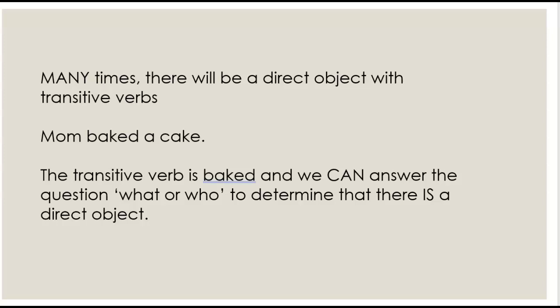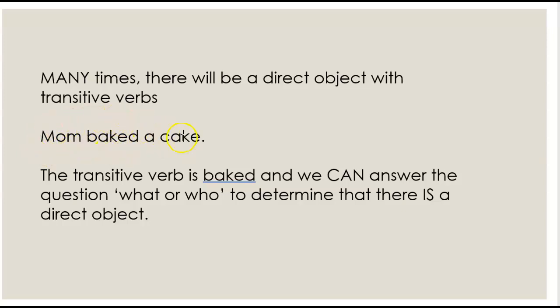One of the things we have to remember is that with a transitive verb, we are likely to have a direct object. We've been asking a couple of questions about our sentences. If we look at this sentence, Mom baked a cake, we would ask the first question: who or what is this about? It's about Mom. What is Mom doing? Baked. Mom baked.